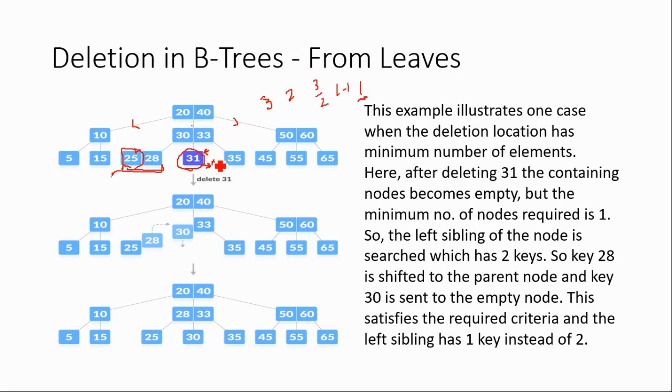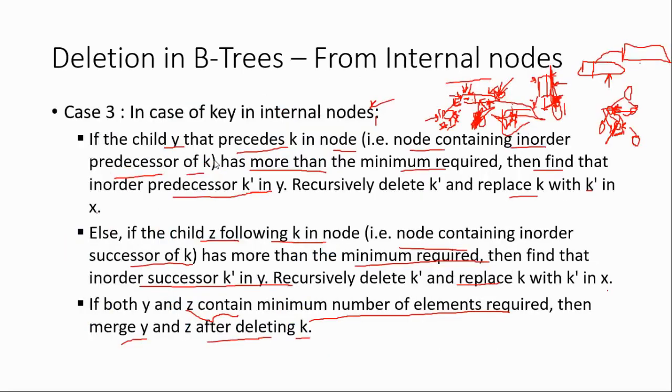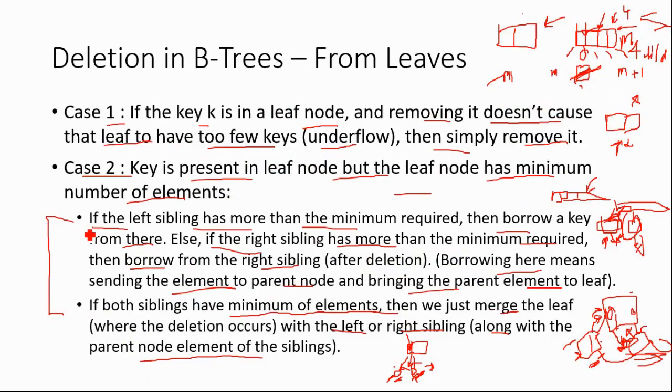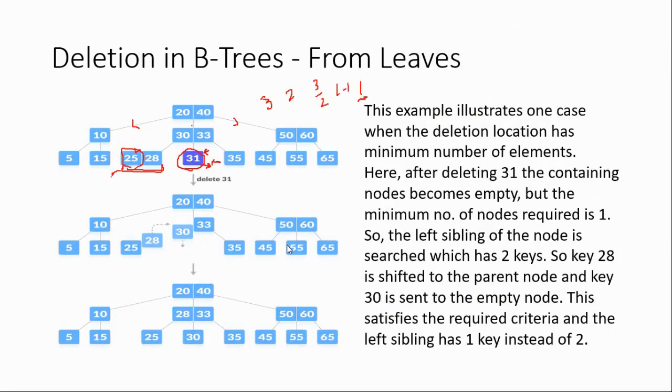So what we have to do in this case is borrow a key from the left sibling. If the left sibling also has the minimum, then we go to the right sibling. In this case we take the left sibling, which has 25 and 28. We are not considering the case when 25 is deleted.